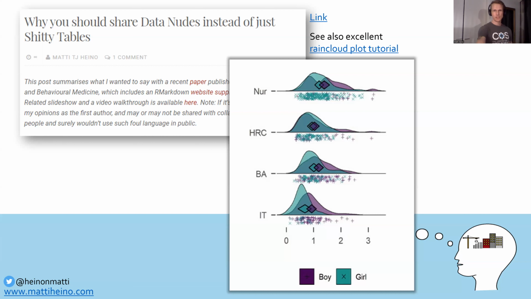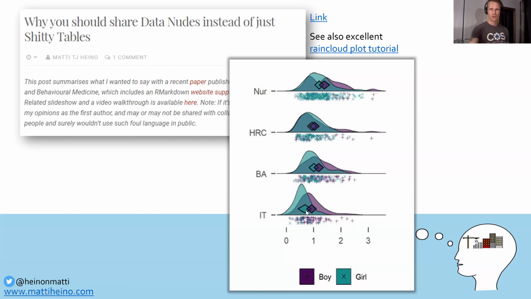And each of these is an educational track: nursing, hotel, restaurant, catering, business administration, and information technology. Why would this be? Because normally you see that boys are more active than girls. So when I made this plot, I didn't see it immediately, but after staring at it for a while, I realized.